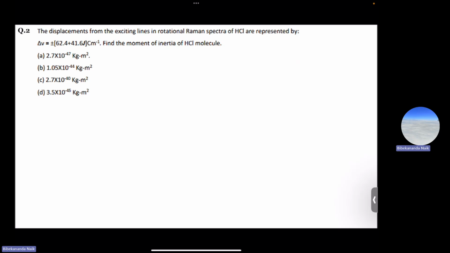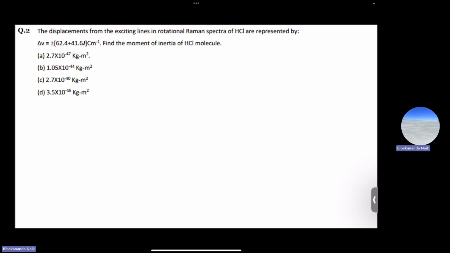Then find the moment of inertia of the HCl molecule. The options are: option A, 2.7 into 10 to the power minus 47 kg meter square; option B, 1.05 into 10 to the power minus 44 kg meter square; option C, 2.7 into 10 to the power minus 40 kg meter square; or option D, 3.5 into 10 to the power minus 45 kg meter square.